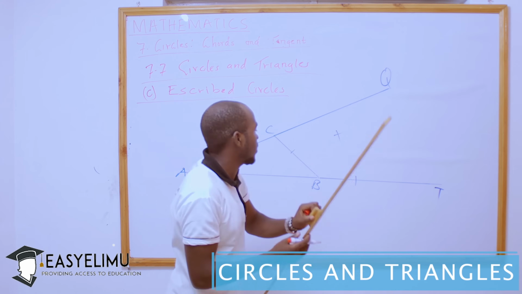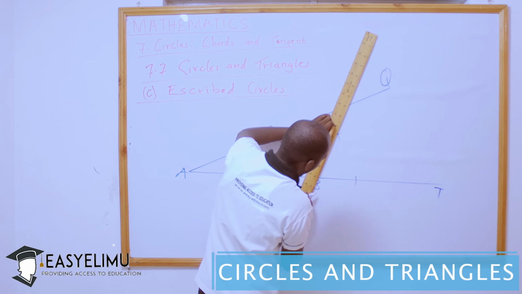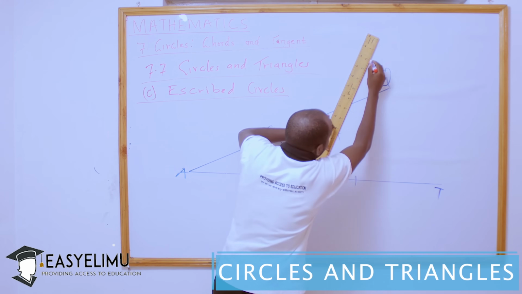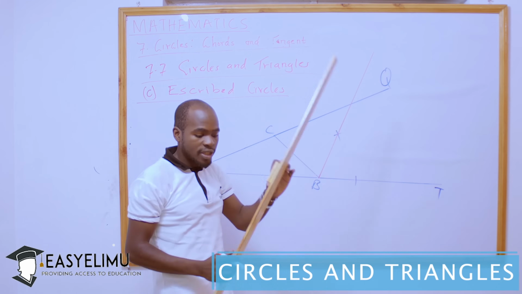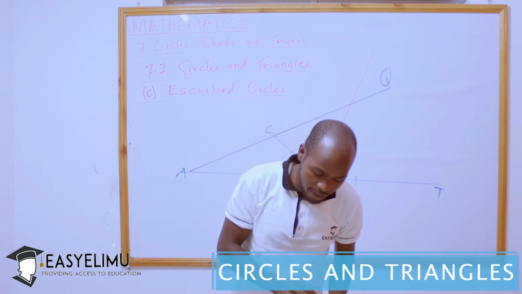We shall join where the two arcs intersect with the angle, and draw a line. You may call that line L1 or leave it that way.